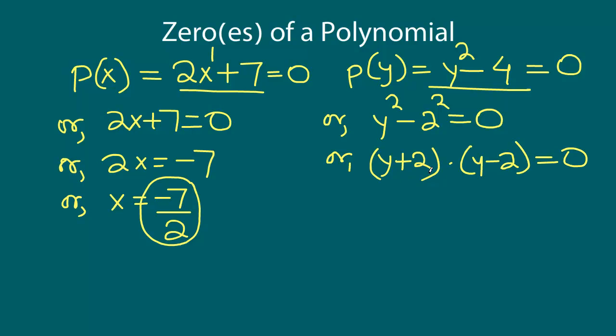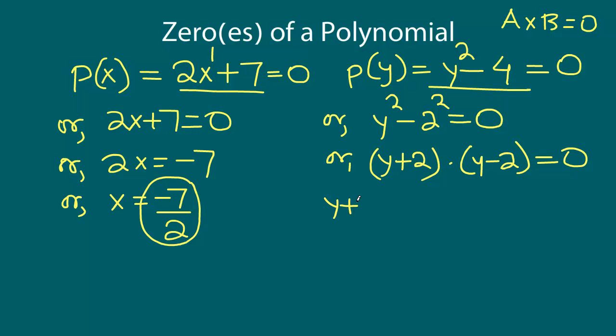Now here we have a product of two numbers that is 0. So think of it this way. If we have a number times another number equals 0, then any one of the numbers can be 0, or both the numbers can be 0. So this can be 0 or this can be 0, and we have to consider both possibilities. So let's assume first this is 0.